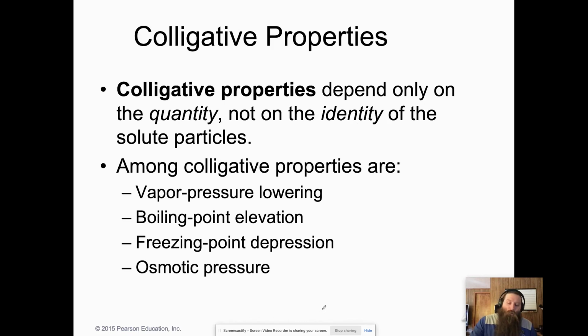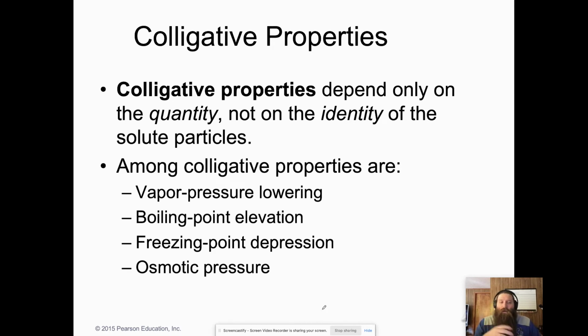Now, another thing that we talk about with solutions are the colligative properties that are associated with that solution, and they depend on the quantity of particles in a solution, not the identity of the particles. Okay, so it's just looking at how many things you dissolve in the solvent, not necessarily what you dissolve in the solvent.